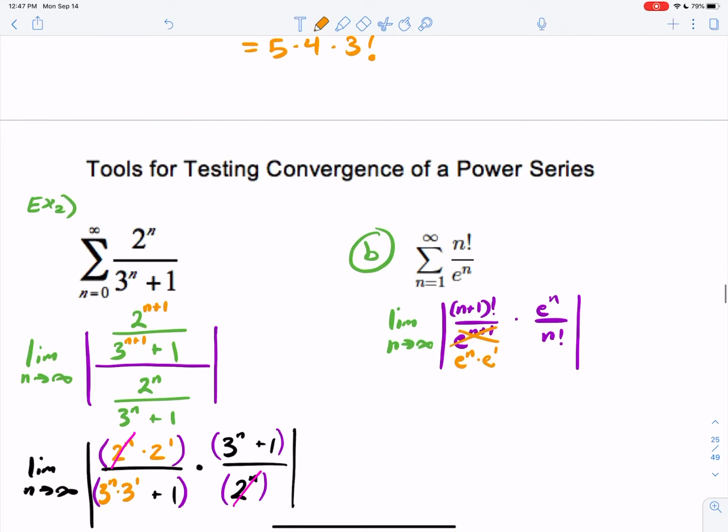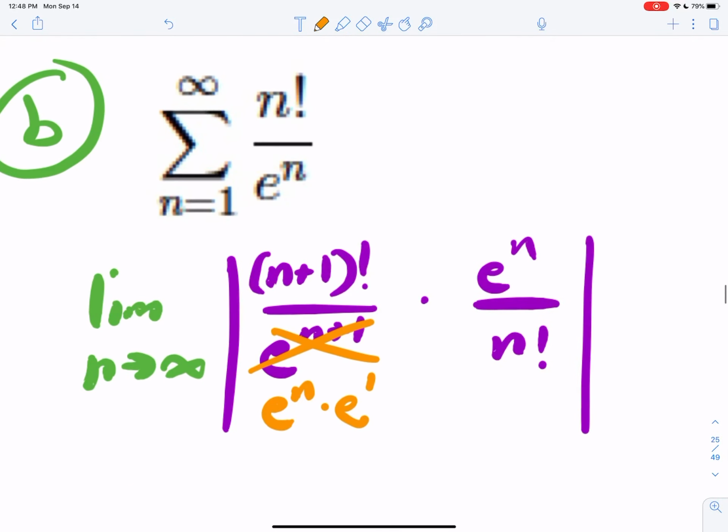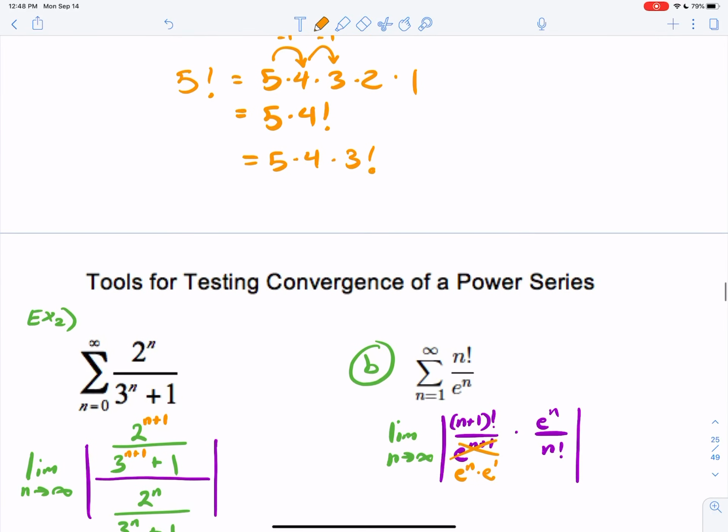So over here, we have an n plus 1 quantity factorial. Notice how the factorial is outside here, okay? So n plus 1 factorial is n plus 1 times 1 less would be n times 1 less would be n minus 1 times n minus 2, and it can go all day, right?